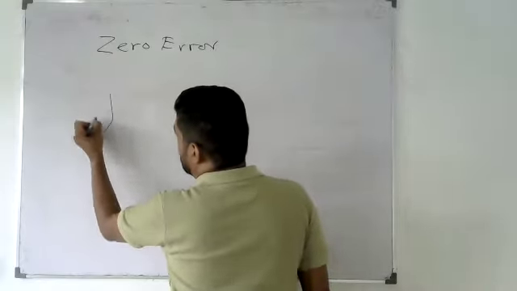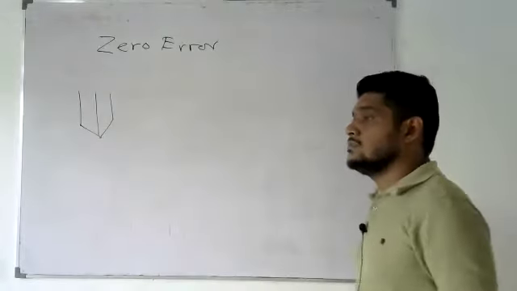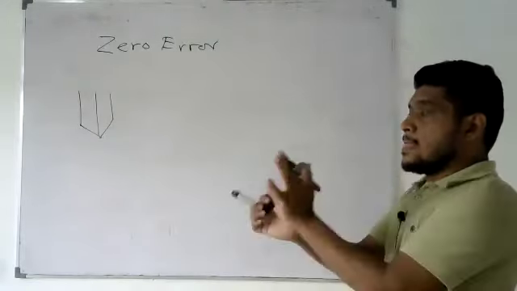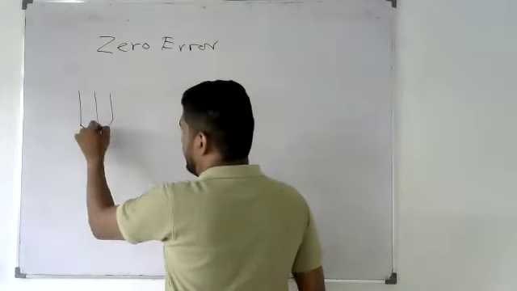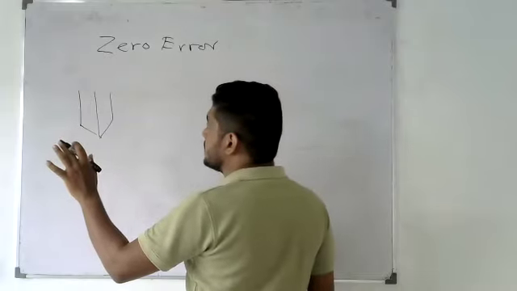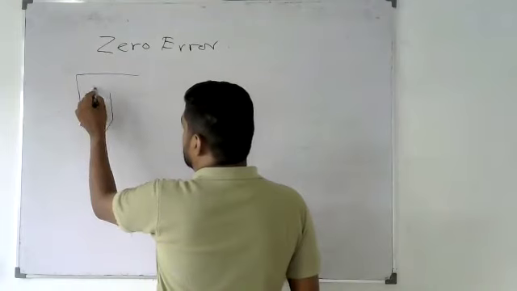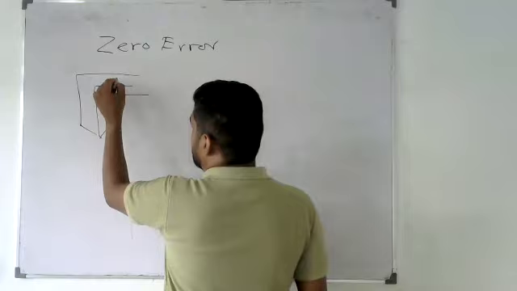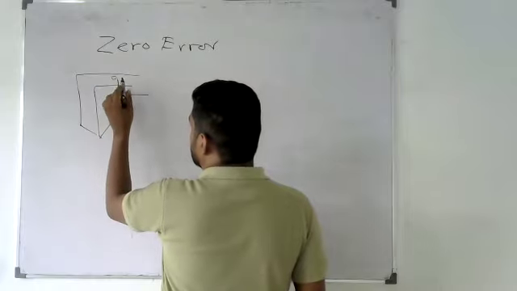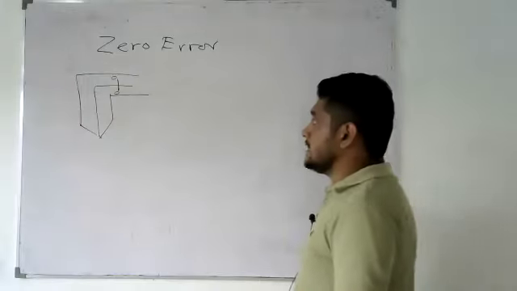So when the external jaws of the vernier caliper is fully in contact, it is supposed not to have a difference between the zero marks of the main scale and the vernier. ඔය දෙක අතර difference එකක් තියෙන බෑනේ.